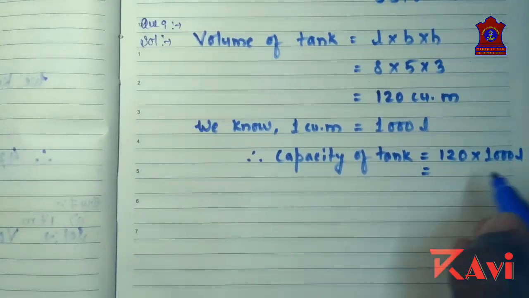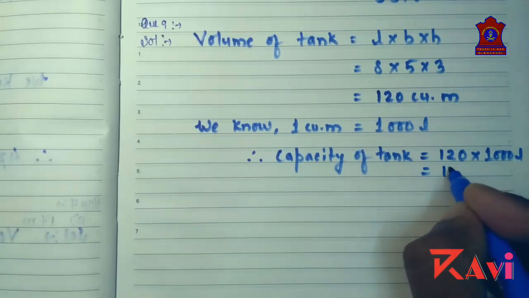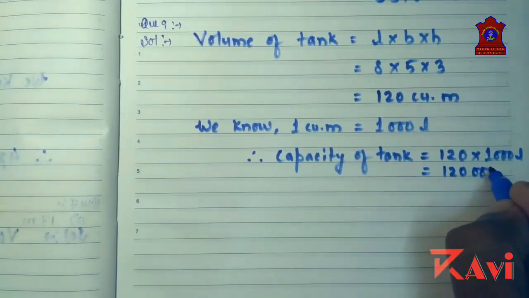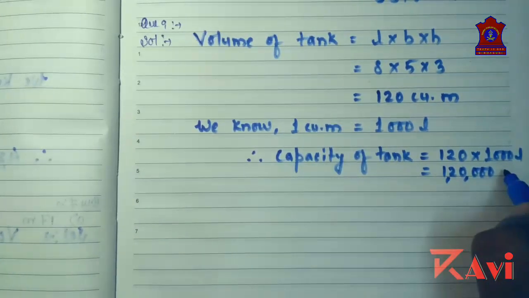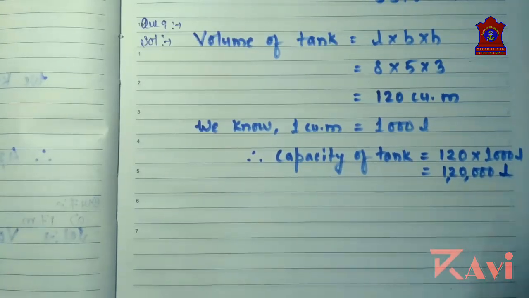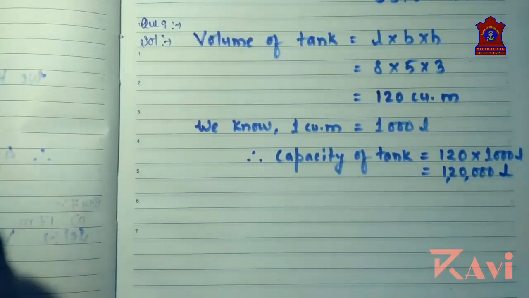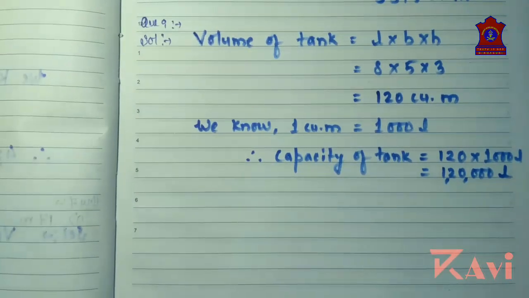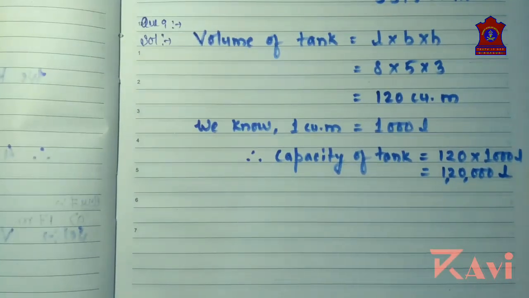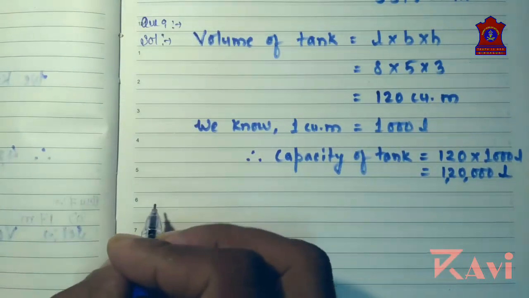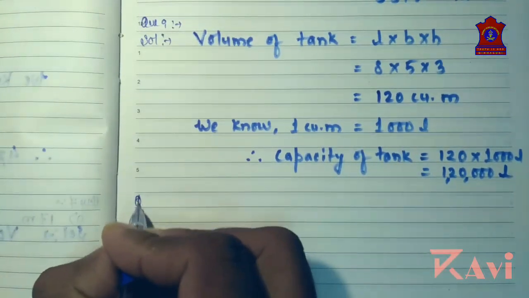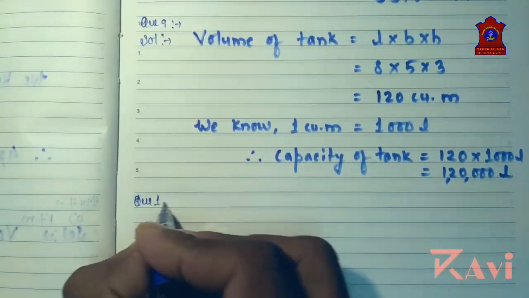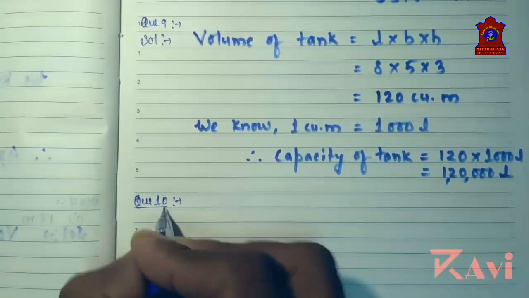So 120 into 1000 is 1,20,000 liter. Clear? Like this you have to find the answer. In this exercise you need to remember all the formulas.